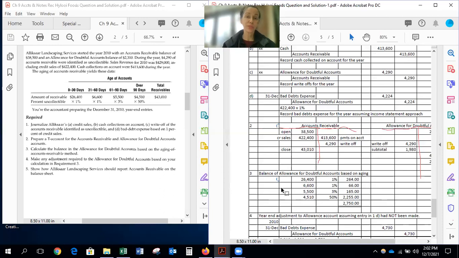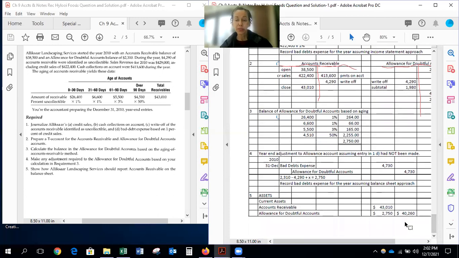You either do the percentage of receivables method or you do the percentage of sales method. Under the percentage of receivables method, the amount that we calculate as uncollectible, in this case $2,750, needs to be the ending balance of the allowance for doubtful accounts. So 3 is 2,750.